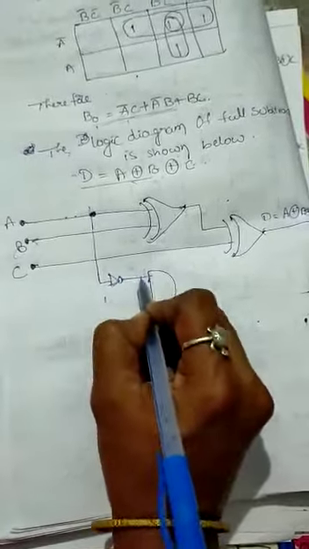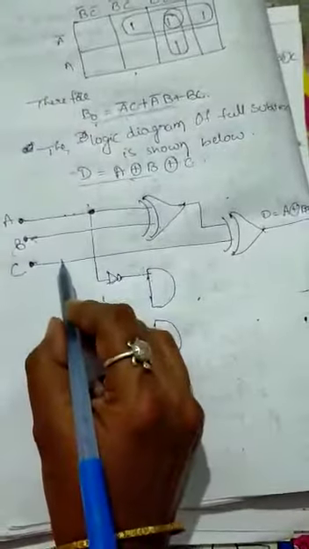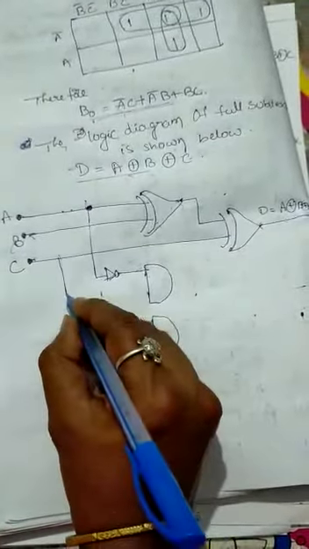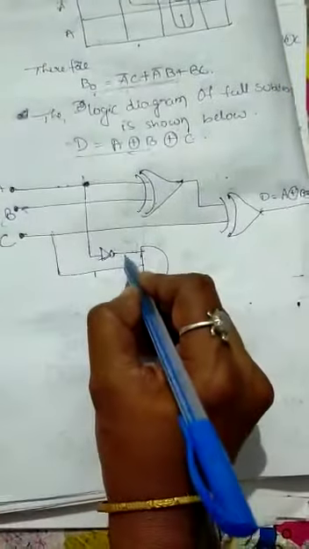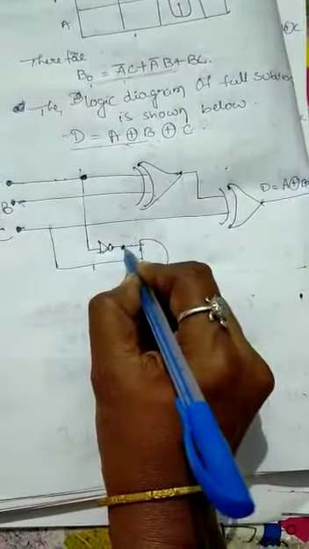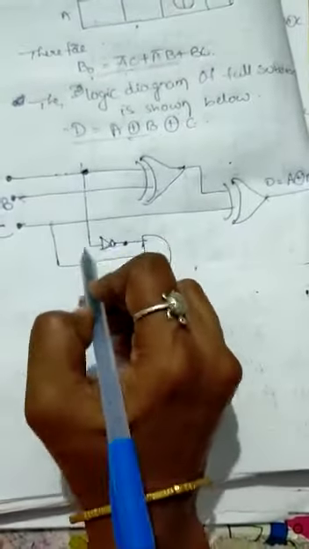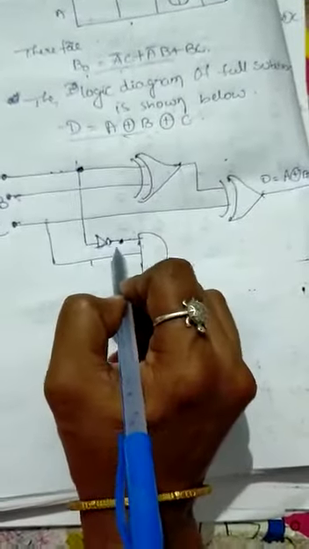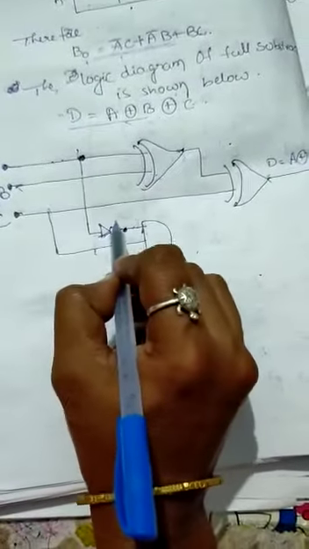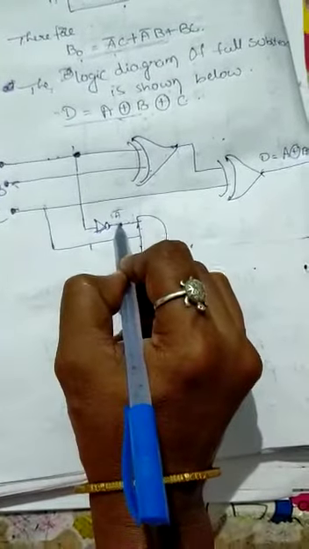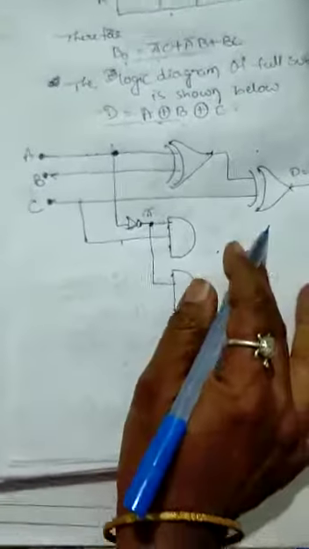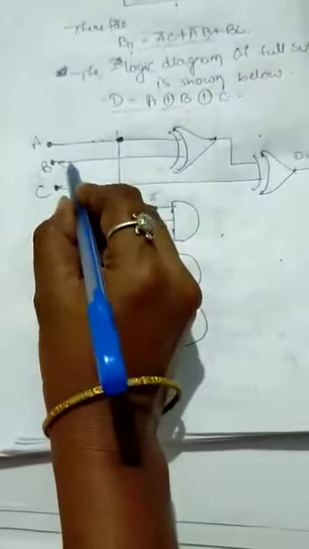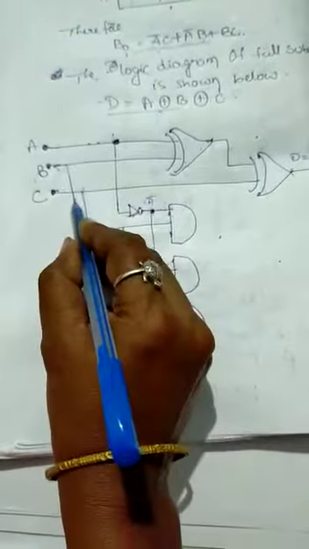A bar C, where C is the general input. Again, A bar B. From here we connect this already complemented one, passing A through the NOT gate, so here we are getting A bar, and we combine it with B. We can take this B from here.